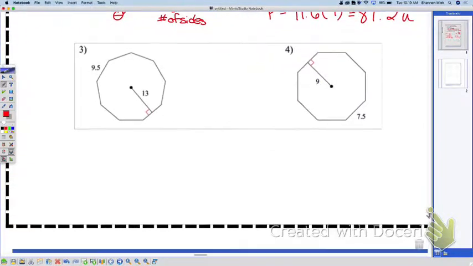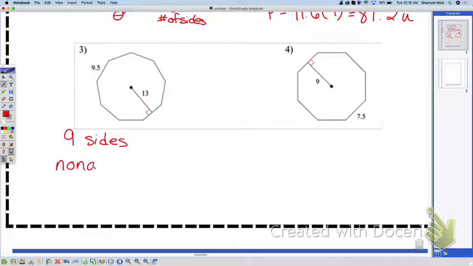What is this one? 9 sides. Anybody know this one? Octagon. No, oct is 8. Pentagon. It's a nonagon.